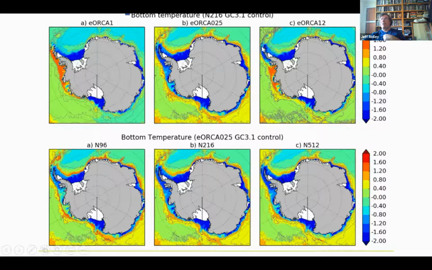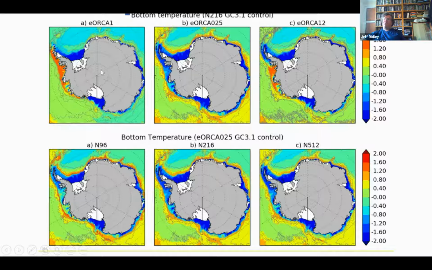It's going counterclockwise into the Bellingshausen Sea, and in the intermediate resolution, it's actually continued well into the Amundsen Sea. At the bottom you have different atmosphere resolutions, and they make almost no difference. So it's definitely an ocean model resolution problem.